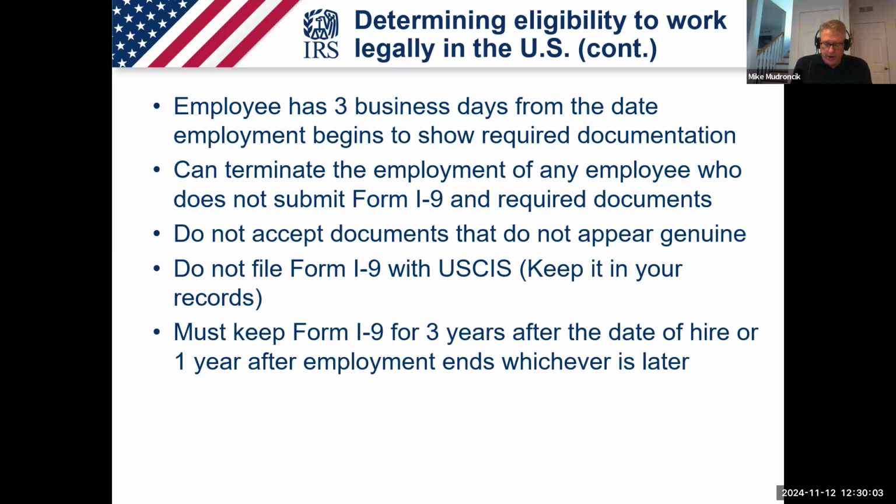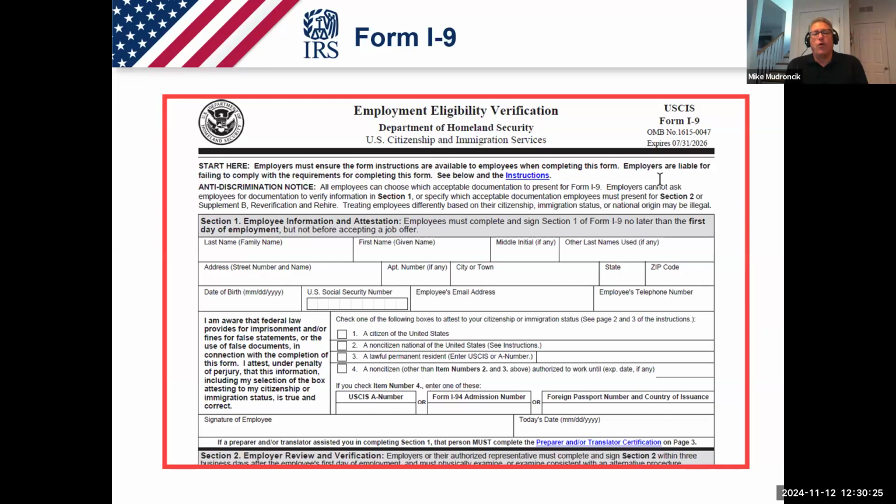For more information, we encourage you to go to the USCIS website, look at the Form I-9 instructions, and again, use that USCIS website and the resources that are available there. For a visual, this is the Form I-9 from the USCIS.